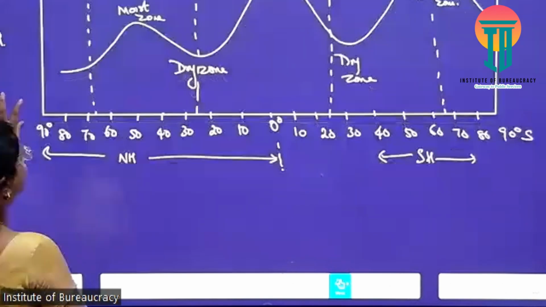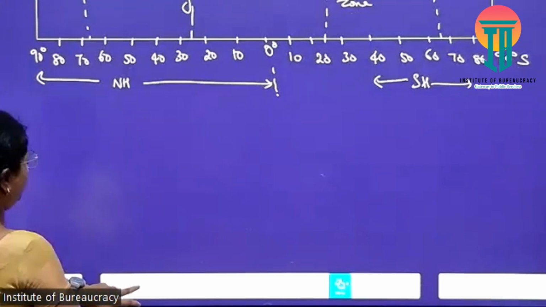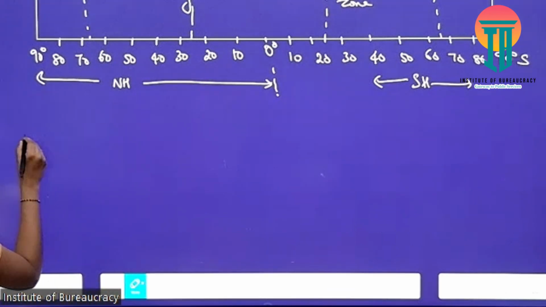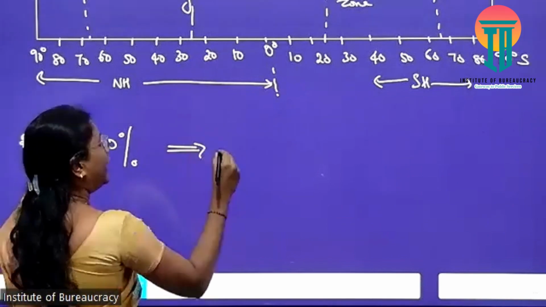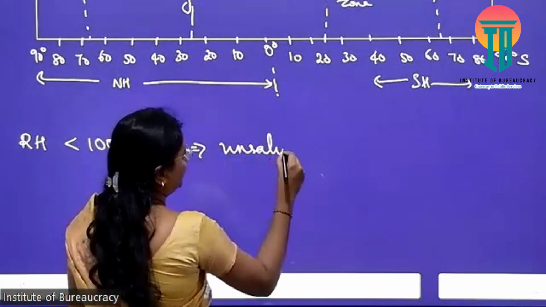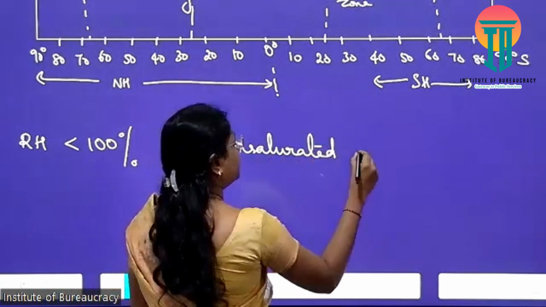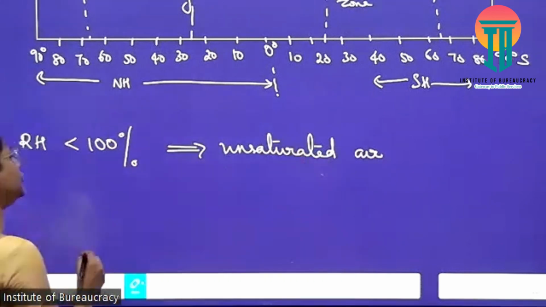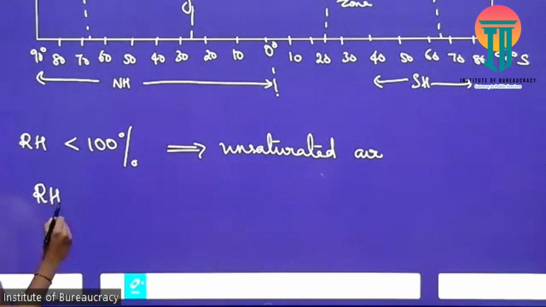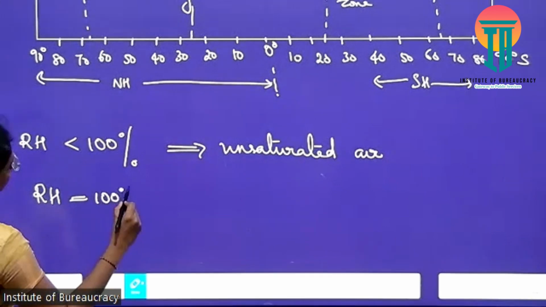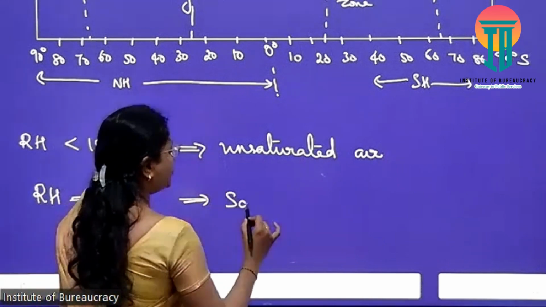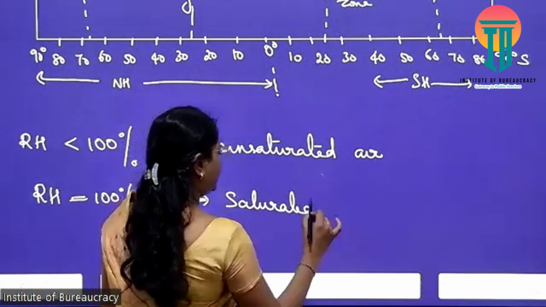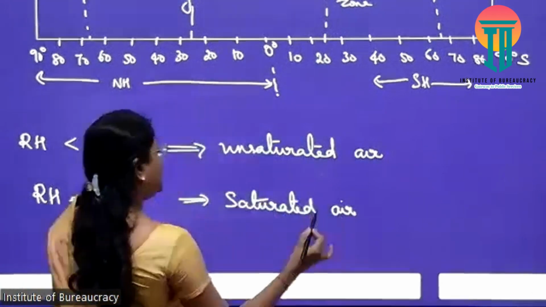Now your key aspects. When the relative humidity is less than 100%, this air is known as unsaturated air. When the relative humidity is equal to 100%, this is known as saturated air.